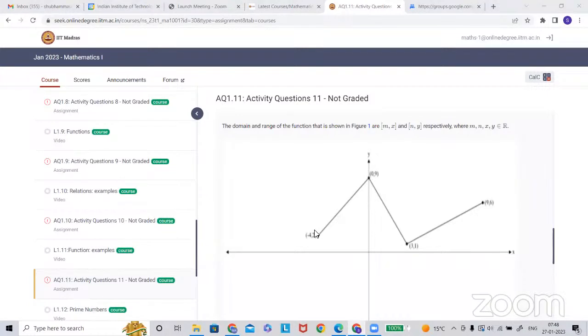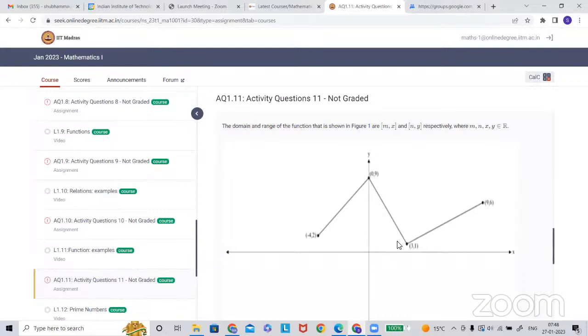But in this case, sir, mx, ny is a set of codomain. Yeah, ny is the codomain. It is properly written here, right? And it is codomain, not range. The domain is mx and the range is ny respectively. The word is given here. Now the points are already given here.